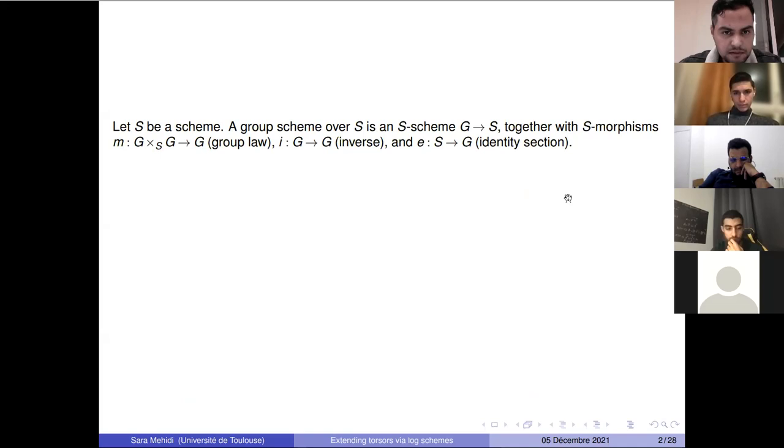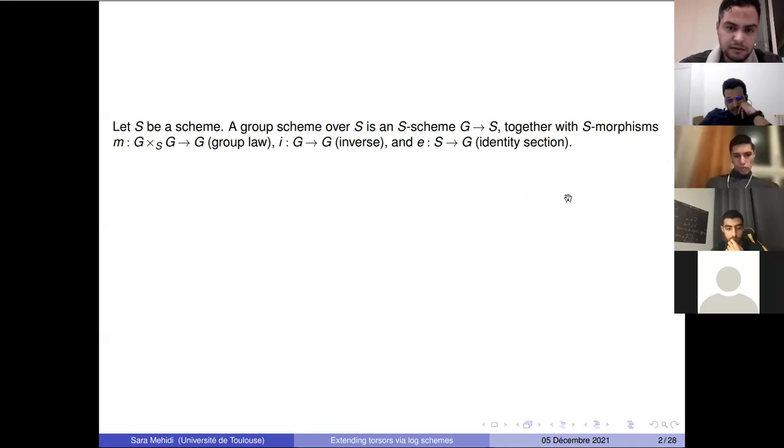So I said that a group scheme over S is the data of a scheme over S together with the group law, the inverse, and the identity section. But this definition is not very suitable in practice. We will rather think about group schemes in terms of their points.